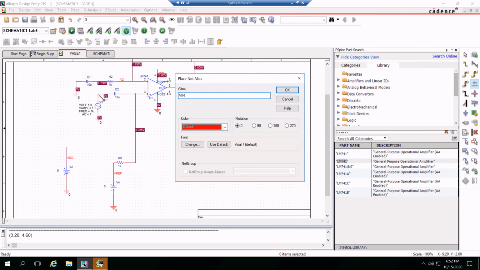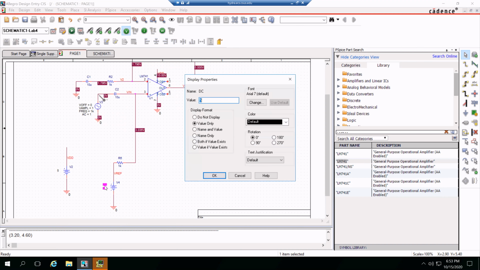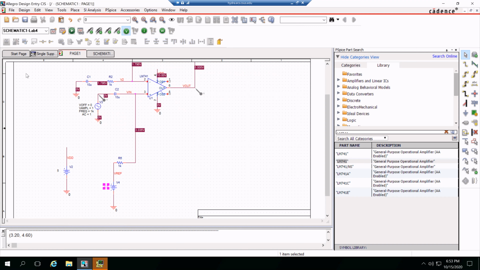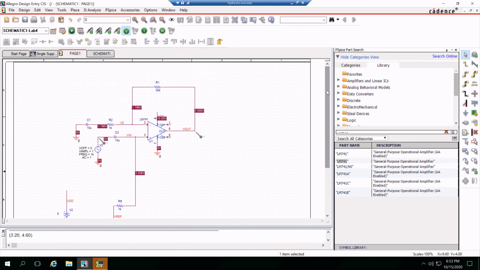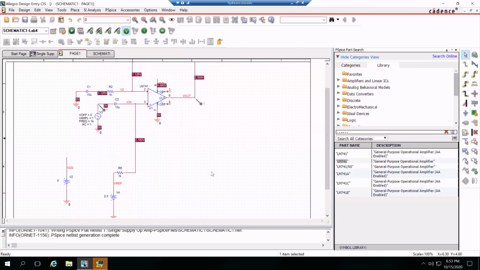I'll put the VN one back in since I accidentally deleted that. And I'm going to change this back to 2.5 volts. I'm going to save it. And I'll hit run. All right. It's still not liking that.